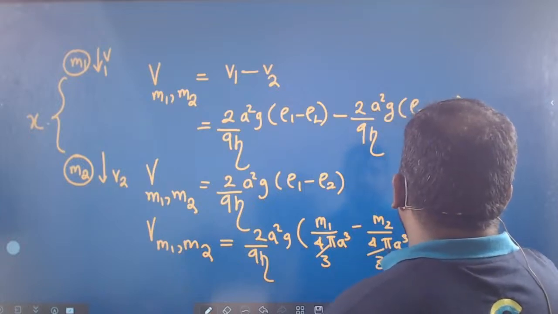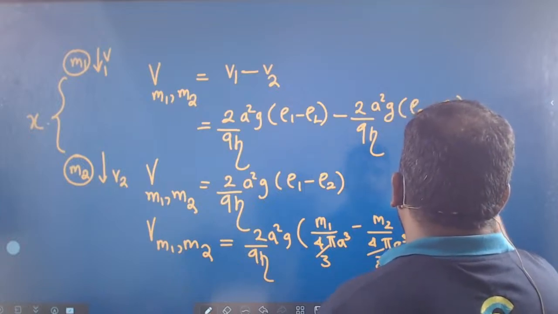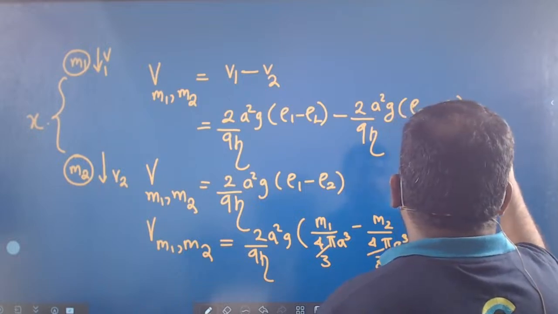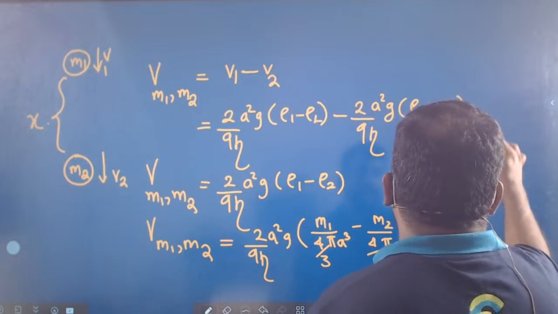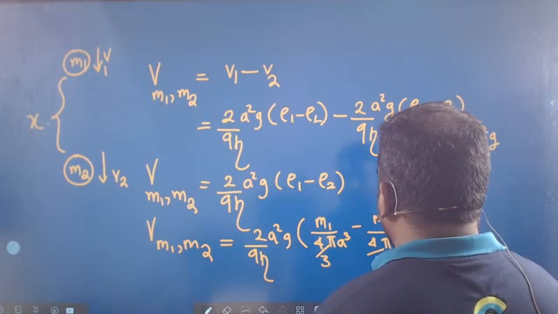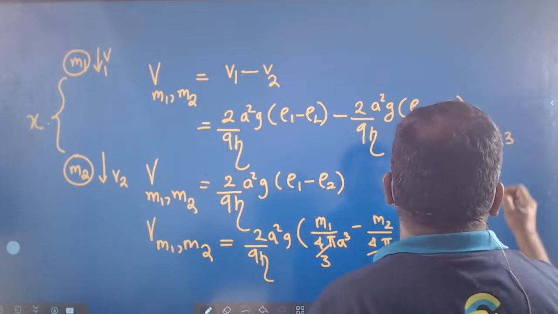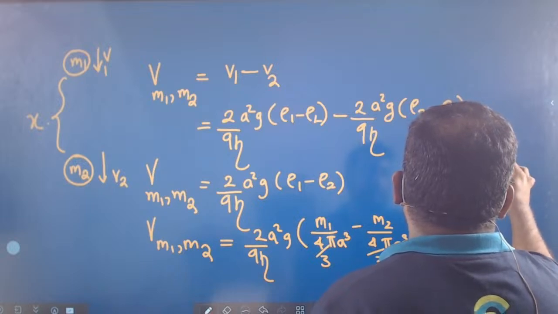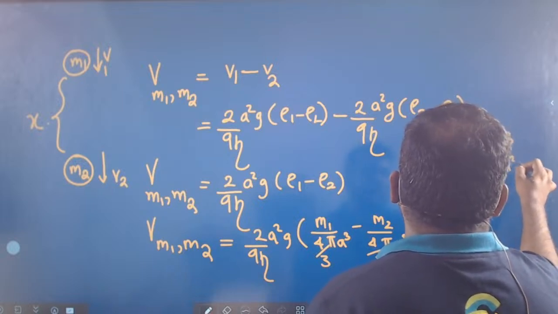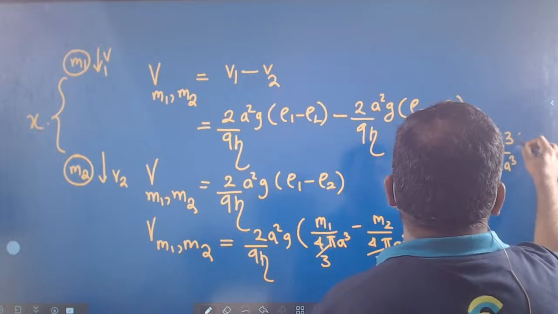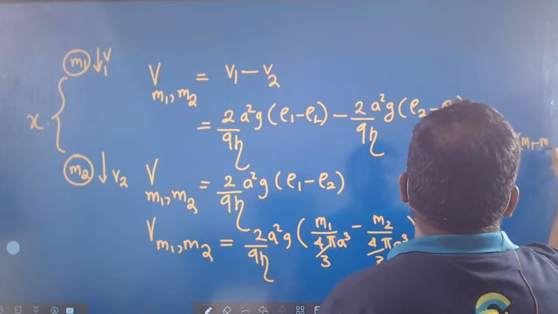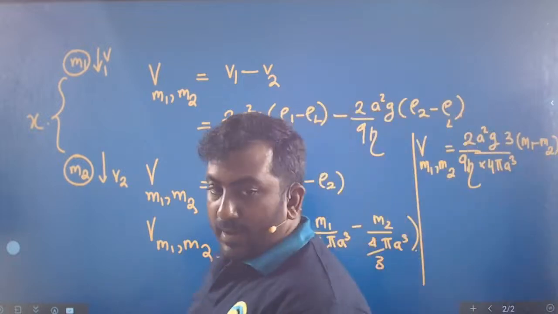Here the velocity of m1 with respect to m2 is 2 over 9 eta a squared g. The 3 goes on top, 3 take it out. 4 pi a cubed, m1 minus m2.